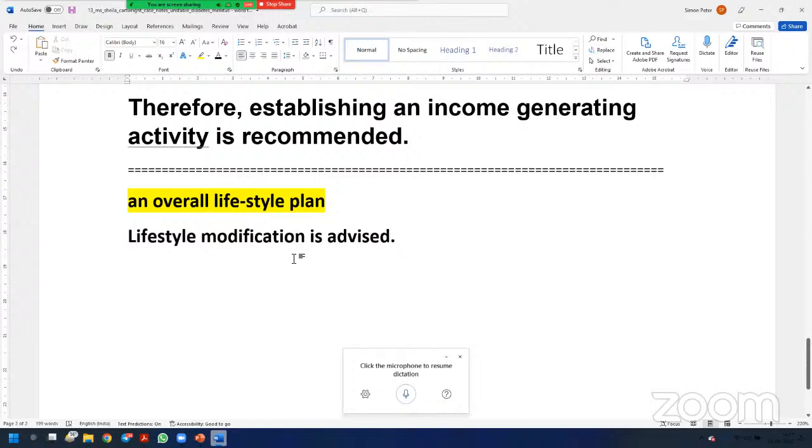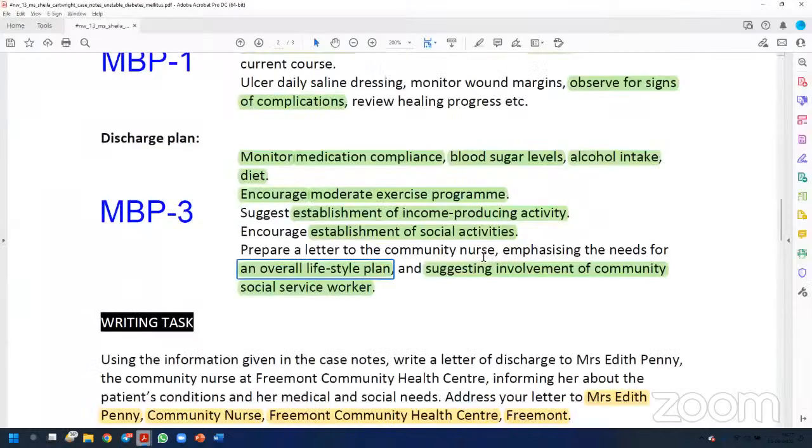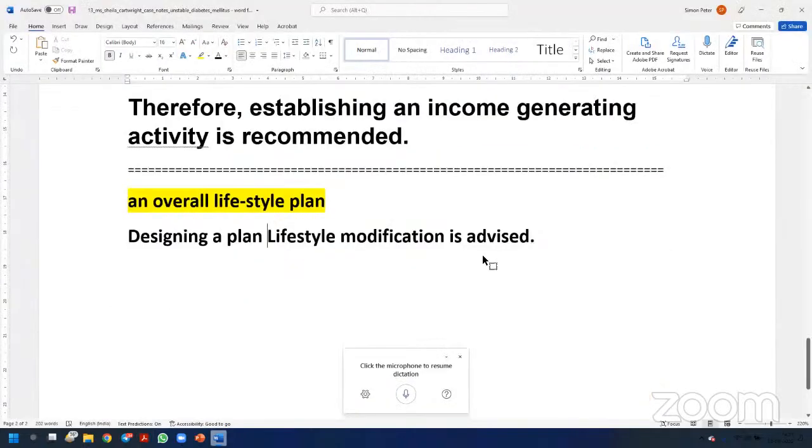So an overall lifestyle plan. Designing a plan which suits the needs.